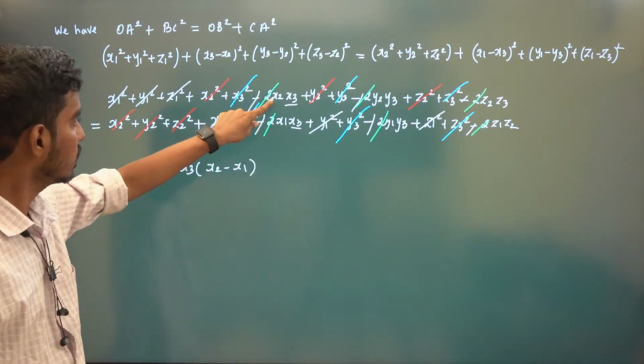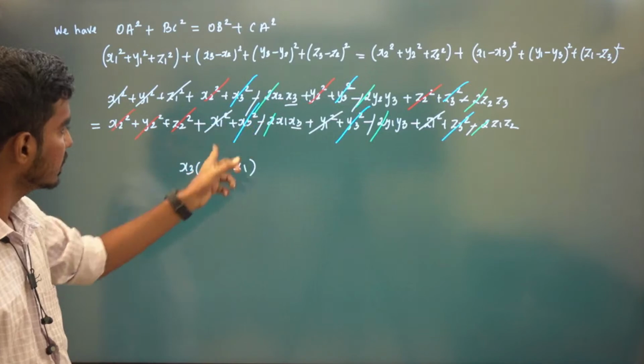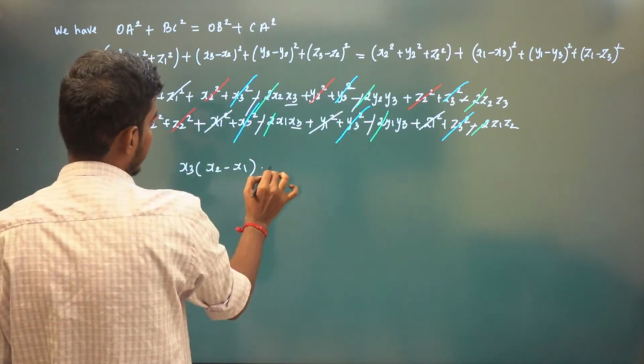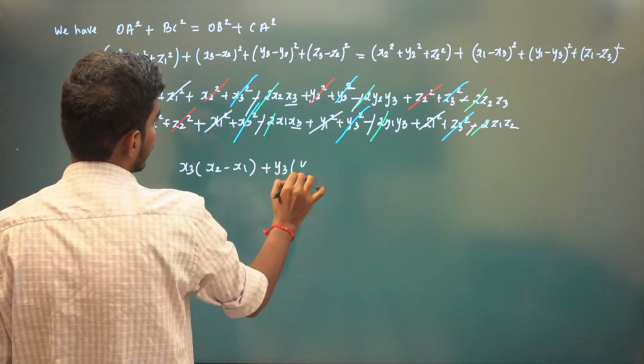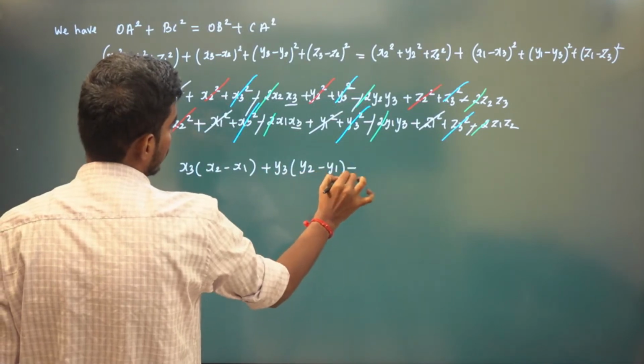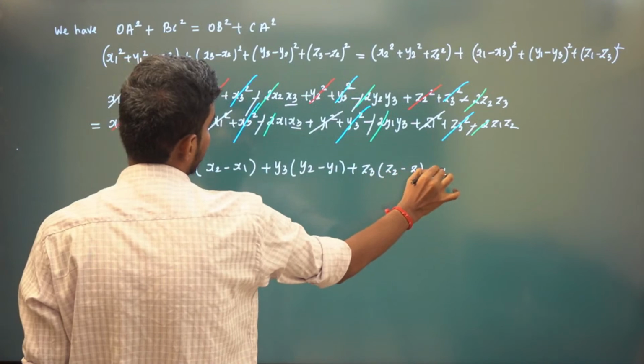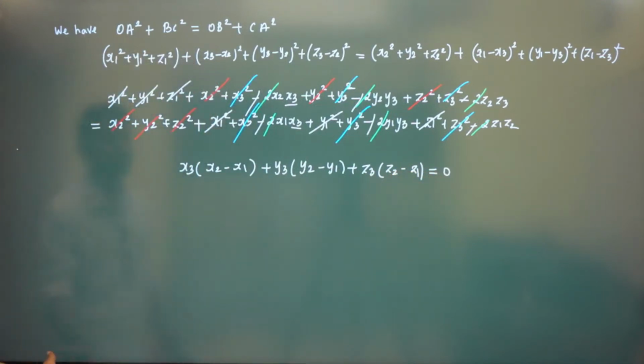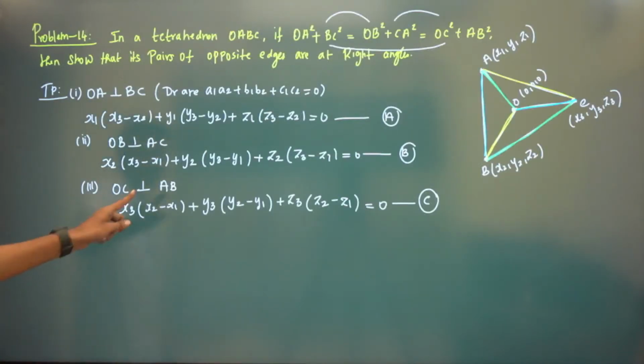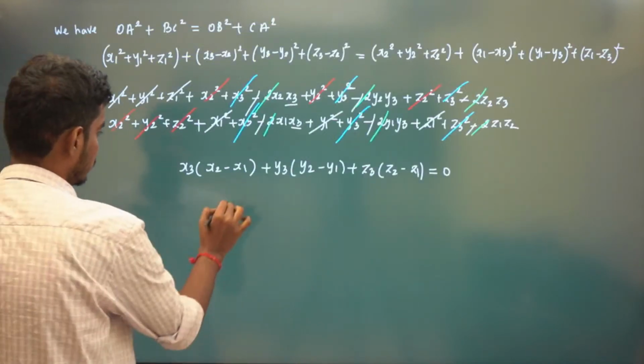So if I take x3 outside, bring this term that side, x2 minus x1. And if I take y3 outside, we have y2 minus y1. And if I take z3 outside, we will have z2 minus z1 is equal to 0, which proves what? Which proves C.